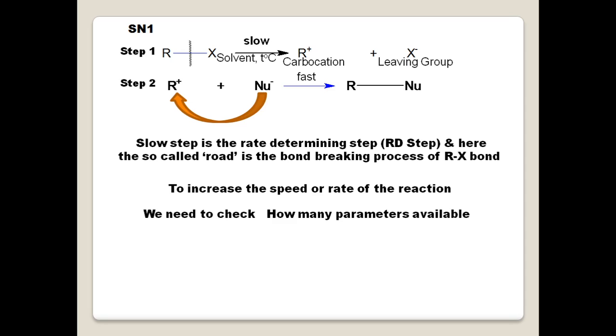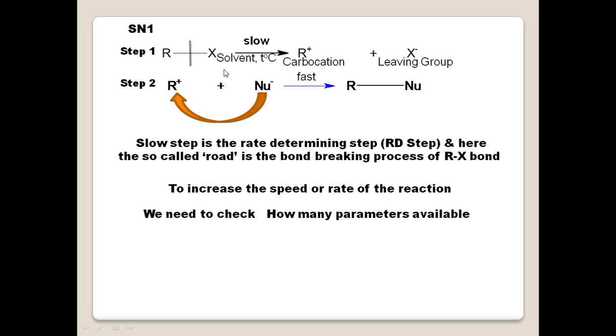So since the slow step, as I already mentioned, is the rate determining step and only one species is involved in this step, the term 1 in SN1 comes from here. You must remember this point: why is SN1 called 1? You then answer that since only one species is involved in the rate determining step, that is why it is called SN1.